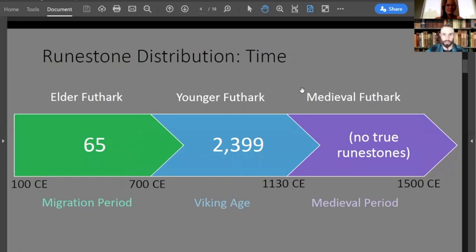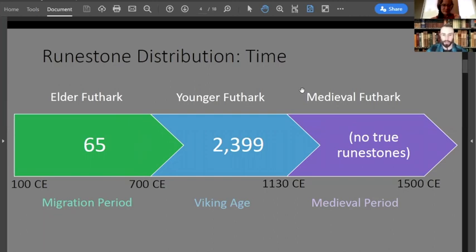Well, in the oldest runic alphabet, we have 65 runestones. Some of them are fragments, others are damaged, and many of them are difficult to interpret. But 65 is how many we have, unless we find more, which is not that likely.